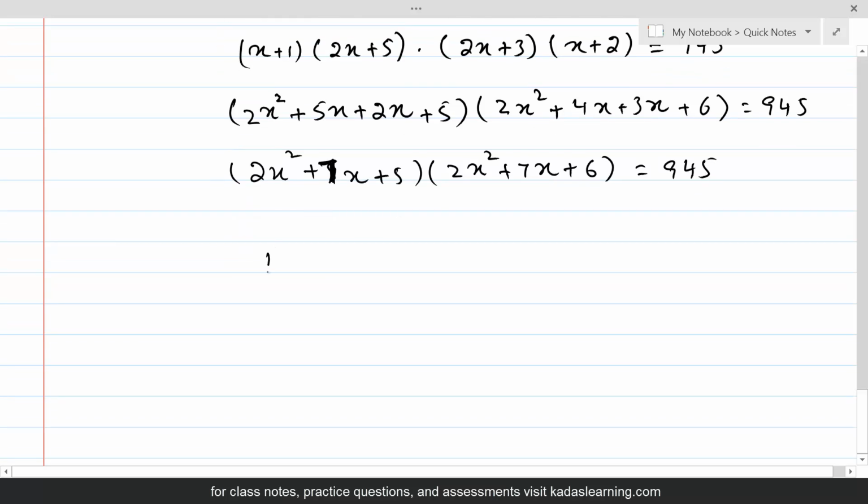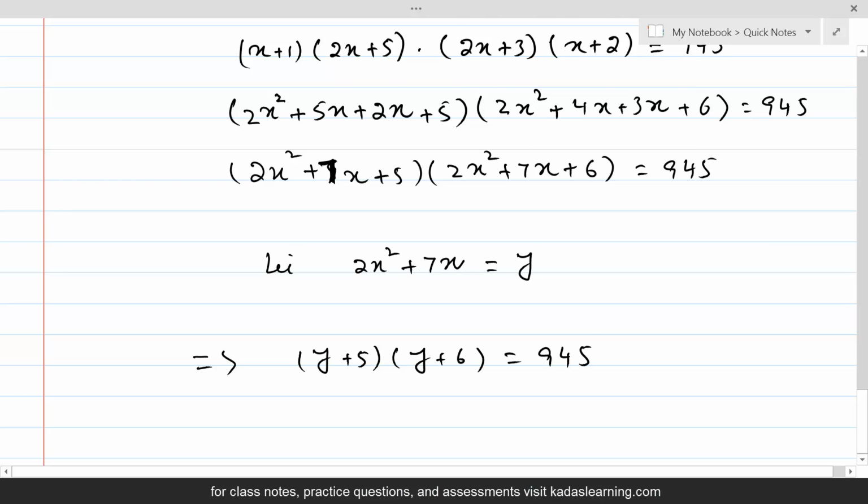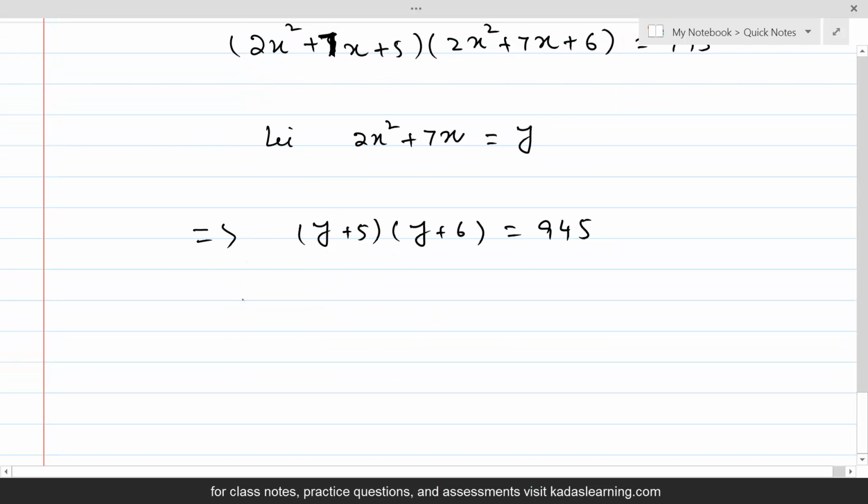Let 2x² + 7x be equal to y. This will give us (y + 5)(y + 6) equal to 945, which is a quadratic equation in y.